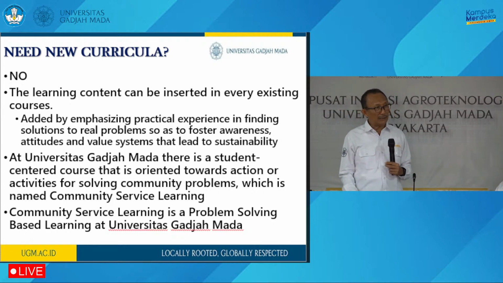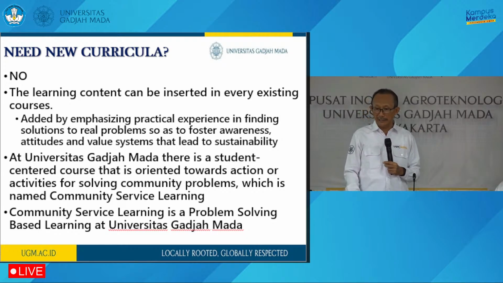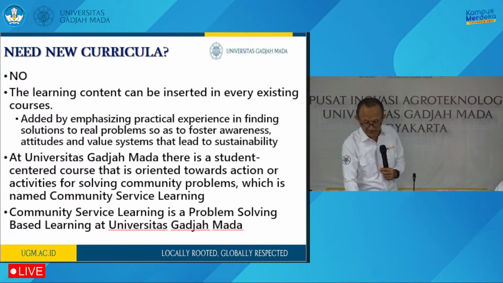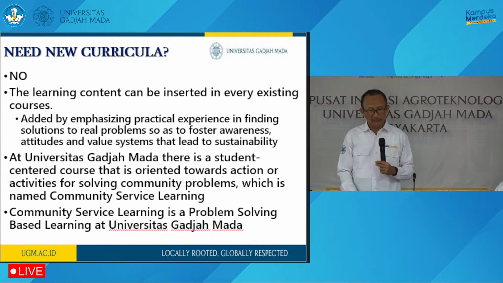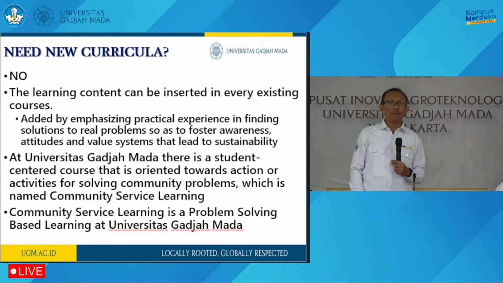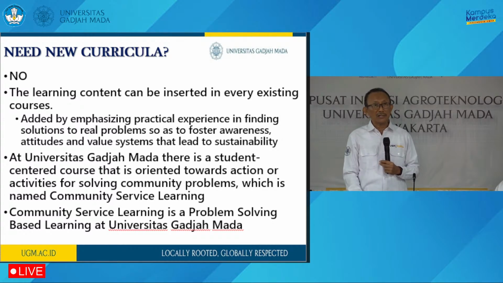So this, by the United Nations University, is called Community Service Learning as a problem-solving based learning of Universitas Gadjah Mada. As Professor Suratman said, it has been a compulsory subject at UGM since 1976. So a long time ago, it started with 3 credit units.